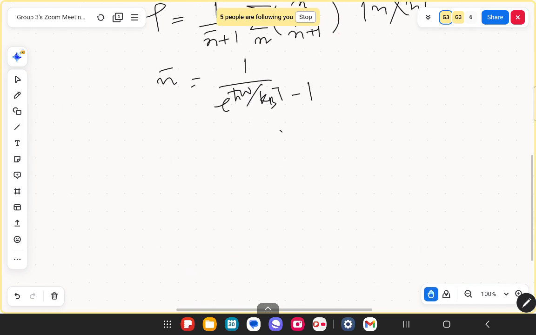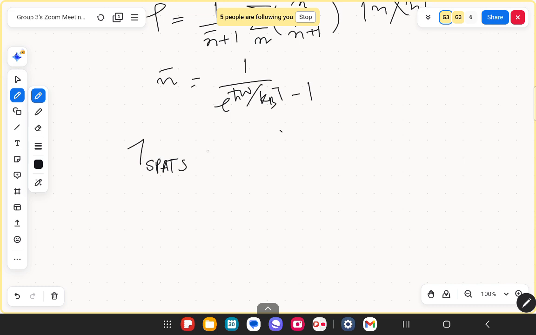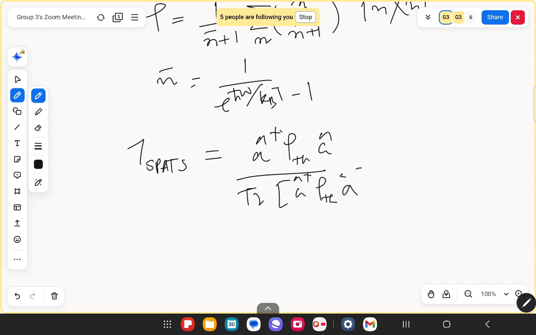Afterwards, rho spats, which is obtained by creating a single photon in the thermal environment, is obtained as a dagger rho th a, divided by the trace of a dagger rho th a.